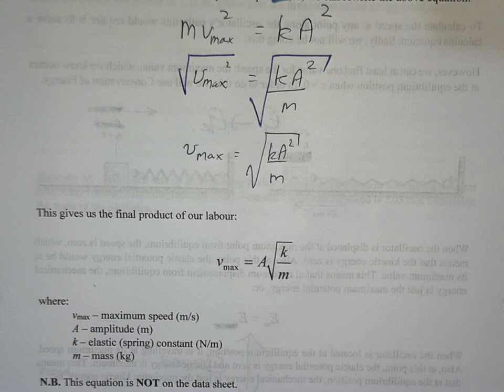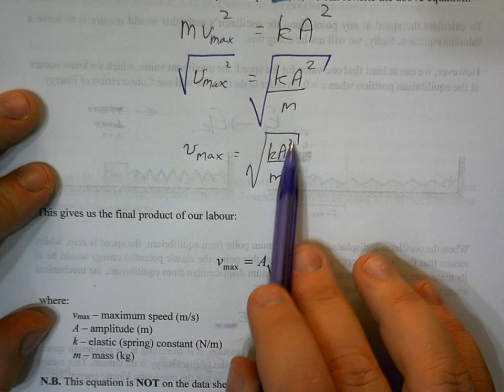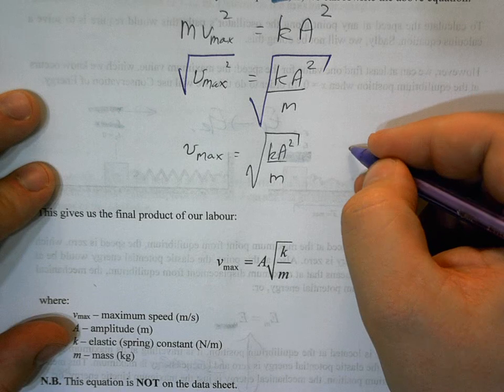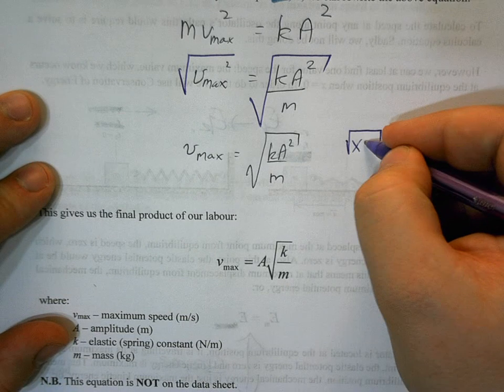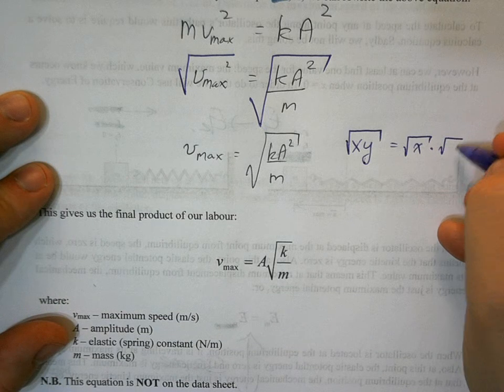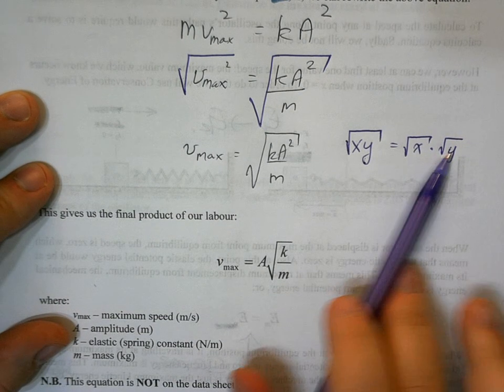Looks really nice. What we're going to do though, because I have that A squared under the square root, is take it out. First of all, just for some math 10C, we know that the square root of x times y is equal to the square root of x times the square root of y. We can separate those.